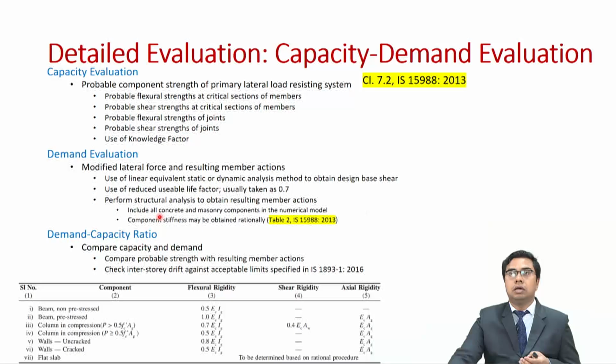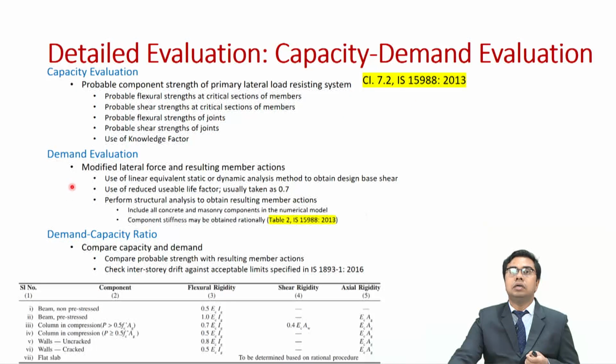In this case we will include all the concrete and masonry components in the numerical model, which means that we need to consider the infill walls as well, and then the component stiffness may be obtained rationally. This is based on table 2 of IS 15988-2013. As you can see over here, the stiffness of various components is provided. I have adopted that table 2 over here as well for your convenience, but I hope you have the copy of IS 15988 ready with you.